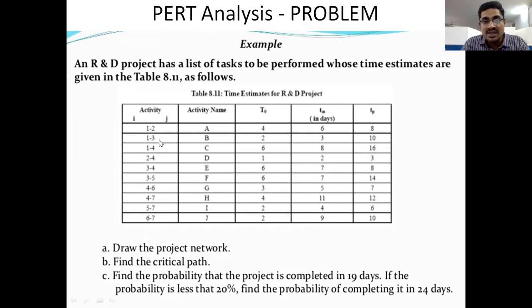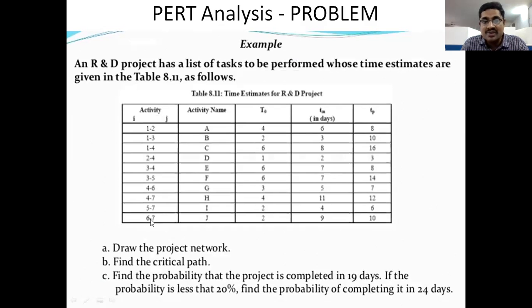The 1 to 3 activity has 2 hours short time, normal time 3, and longest time 10 days. Suppose we take the example of the 4 to 6 activity: 3 hours short time, 5 normal time, 7 longest time.